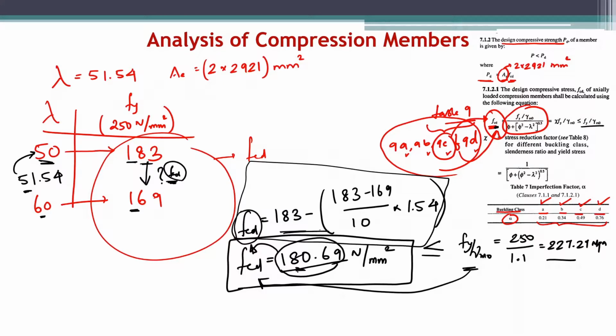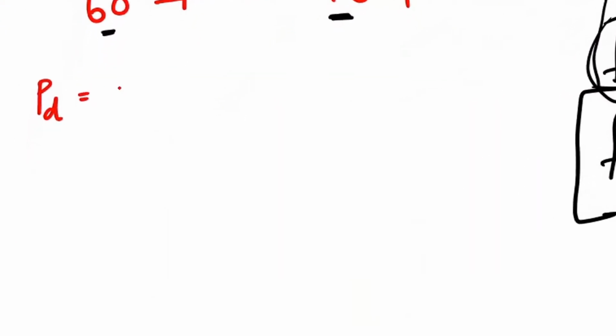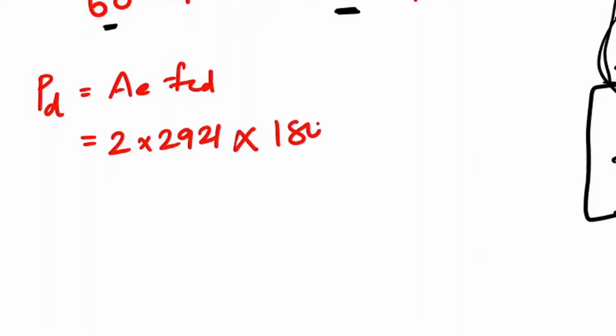Now we got FCD and we know the area. If you substitute, you will get the design compressive load. Let's do that. Design compressive load PD is equal to AE into FCD. AE is 2 times 2921 mm square into FCD 180.69 Newton per mm square.